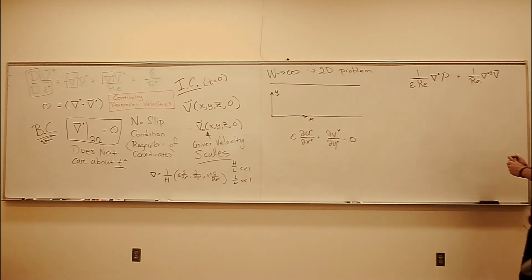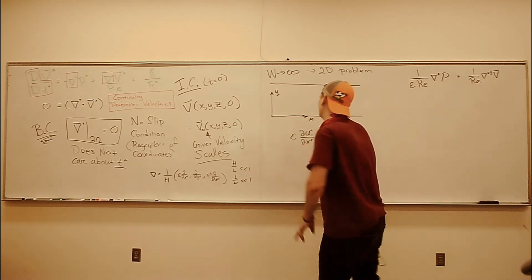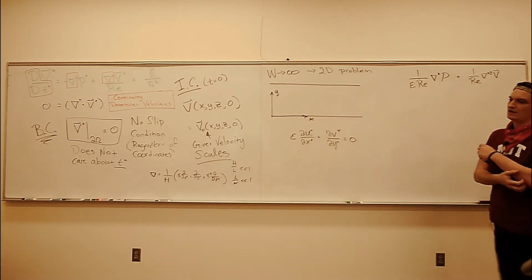So there's some constriction on when you can say this is 0, and it's based on a Reynolds number relationship.